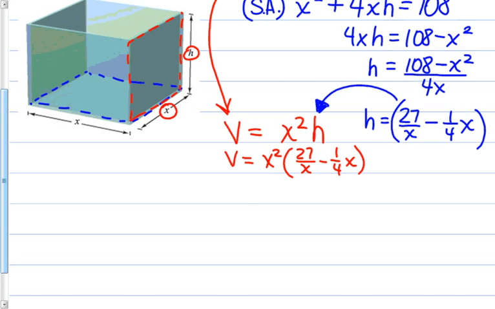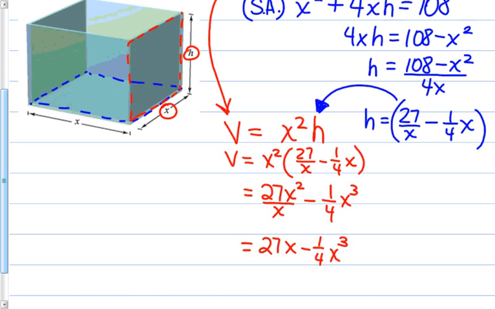So x squared times 27, I get 27 x squared over x, and then minus 1/4 x cubed. Now the 27 x squared over x, I hope it's obvious that one of the x's cancels out. So I have 27x minus 1/4 x cubed.